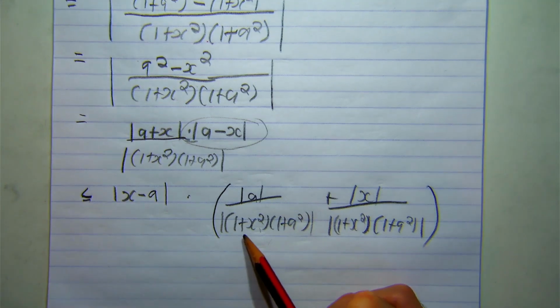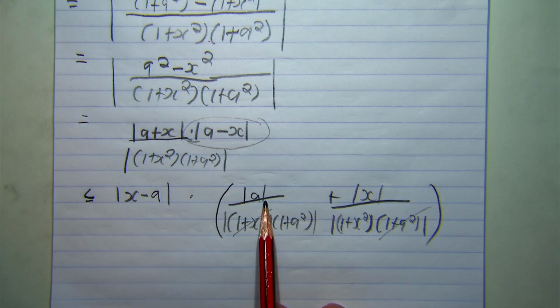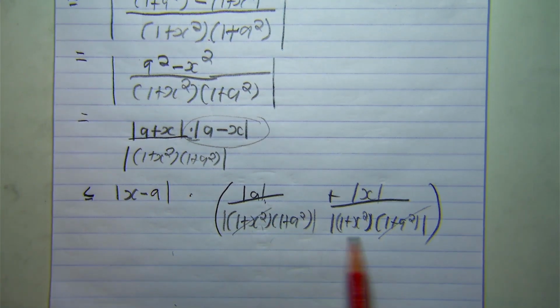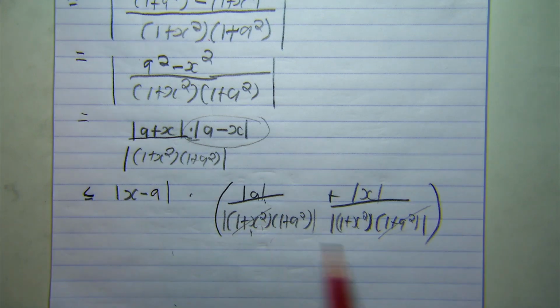So we can essentially get rid of this and this as a part of that expression, because this will be less than or equal to deleting those components of the denominator. Essentially, they're just increasing the denominator, which is making the whole thing smaller. So when we remove them, we know that this overall expression is less than or equal to the removal of those.